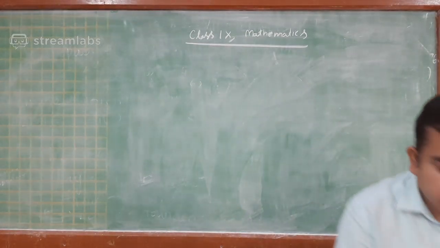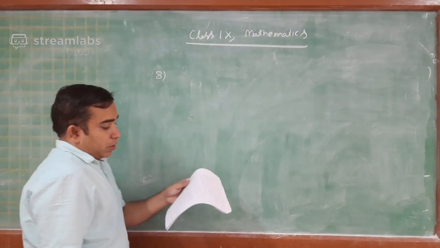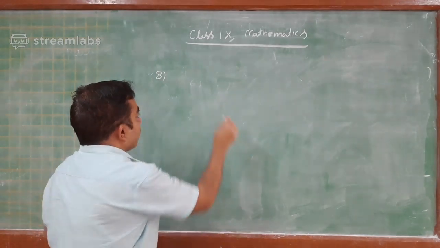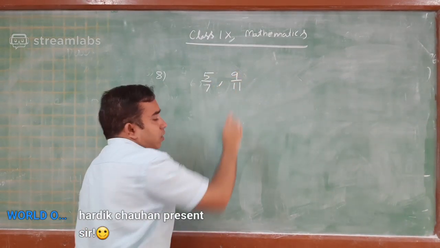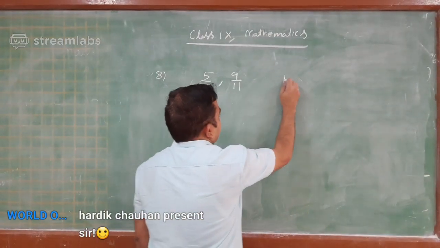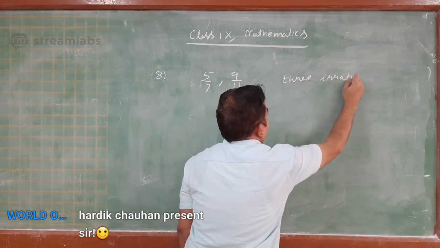The next one says write 3 different irrational numbers, note the point, irrational, between 5 upon 7 and 9 upon 11. So we have to write 3 irrationals between them.